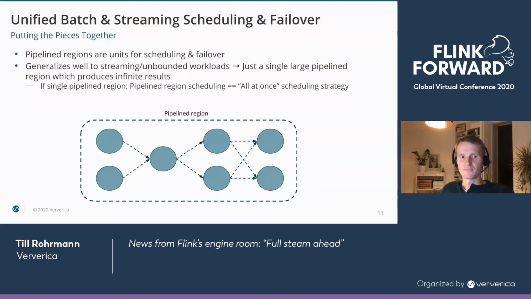As I've said, the pipelined region scheduler tries to schedule all of the operators in a pipelined region or none, which is effectively the same as the all-at-once or eager scheduling strategy which we currently have in Flink. So actually, this pipelined region scheduler can replace the existing scheduling strategy for bounded as well as unbounded streaming jobs.